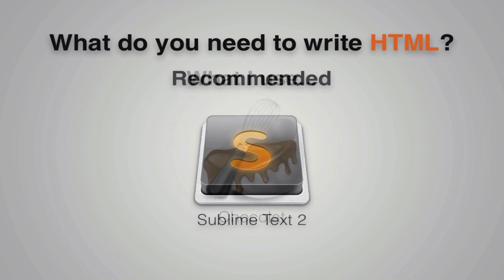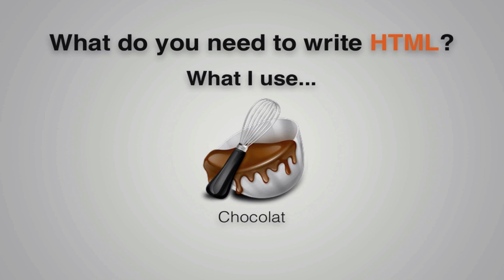The app that I use is called Chocolat. Now, yes, that's a real app, Chocolat. You can just Google it, Chocolat Text Editor, and you can find their website. And if you go ahead and check out the features, it's got a beautiful interface, and it's got color coded syntax and foldable code, auto completion, live previews, you name it.